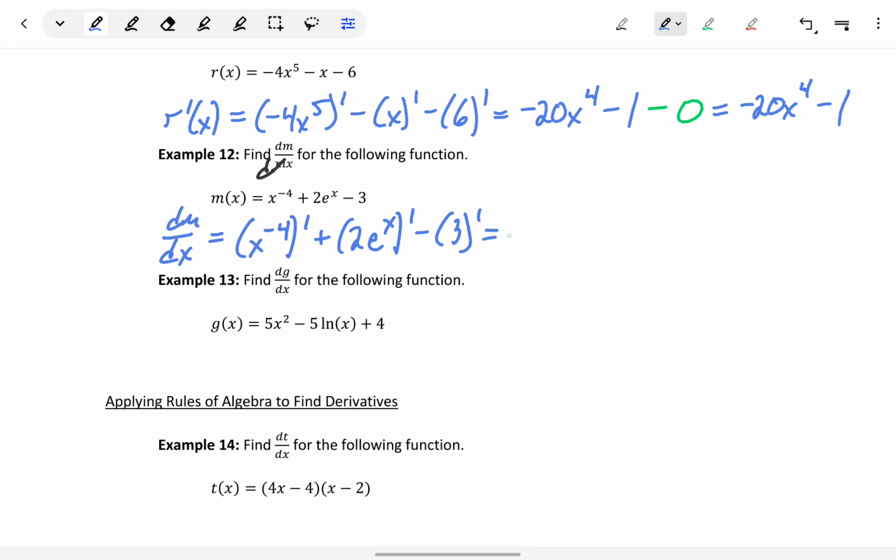The derivative of x to the negative fourth would be negative 4 x to the negative fifth. The derivative of 2 e to the x would just be 2 e to the x. And then as a placeholder again, we'll just indicate that we get minus 0 for the derivative of that constant term, meaning our derivative function is negative 4 x to the negative fifth plus 2 e to the x.